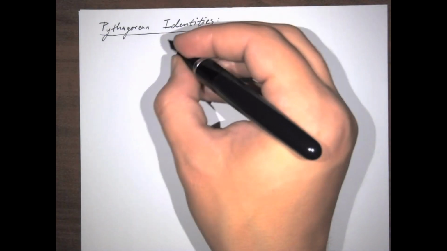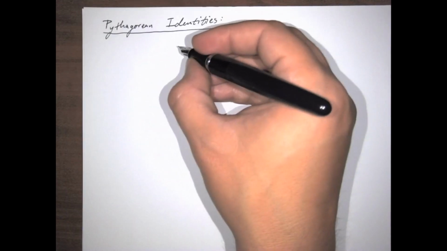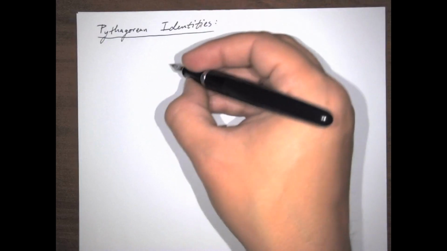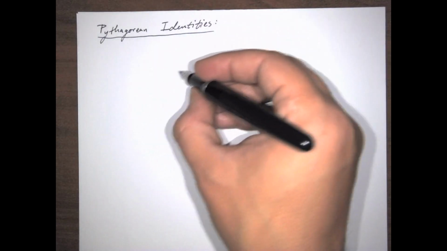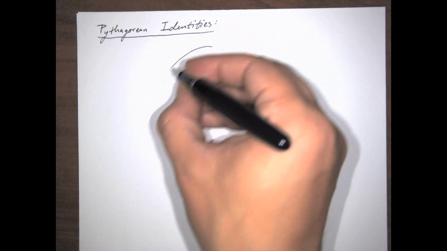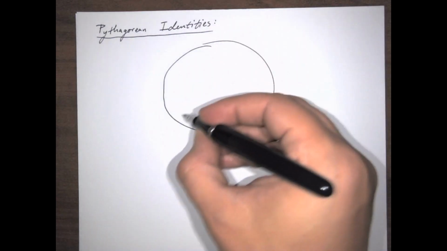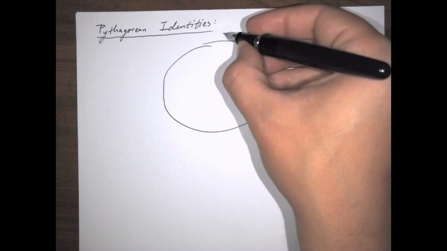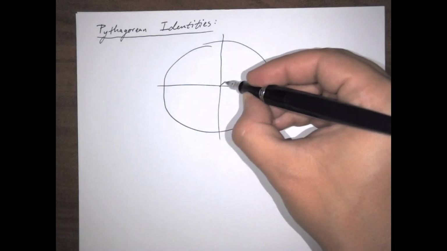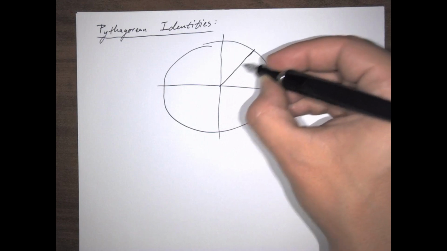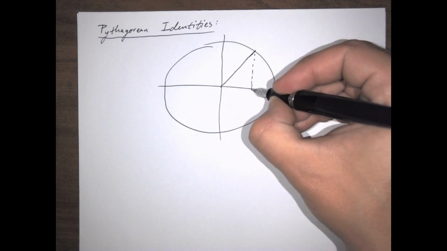So first off, here is the original, the ancestral identity that connects all of them. The Pythagorean identities essentially all come down to one fact that we can spin out in various combinations. Let's just think about it like this.